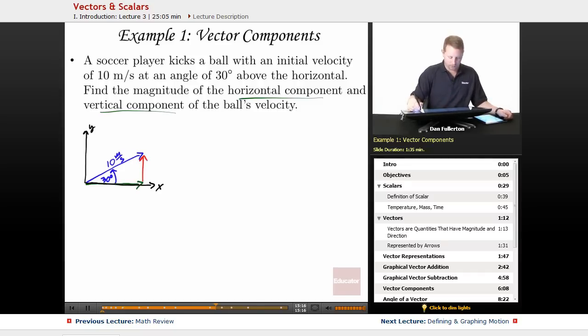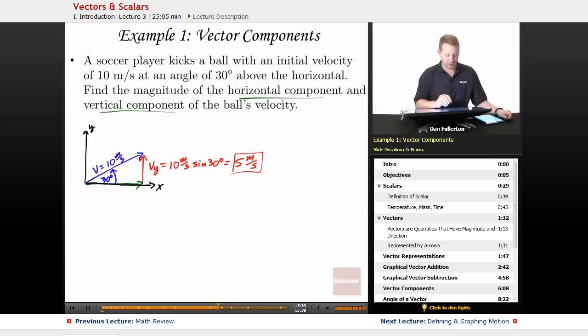Well, as you recall, if we want the vertical component, if this is our initial velocity v, then the y component of that velocity is going to be v, 10 meters per second, times the sine of 30 degrees. 10 meters per second times sine 30 should be 5 meters per second.